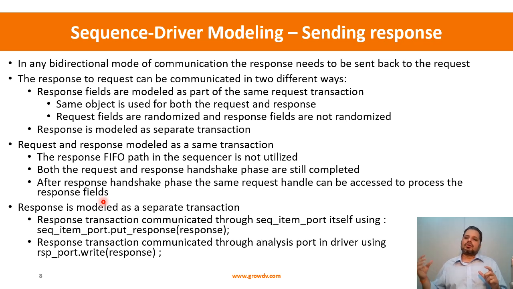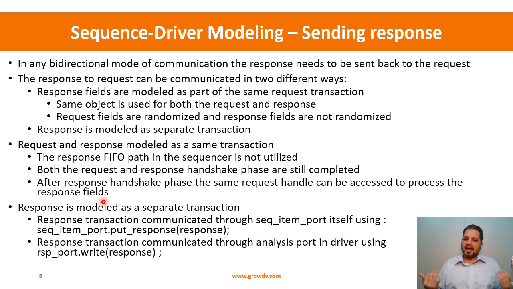The driver will drive the request, get the response, populate the fields present within the same request object with the response information, and then initiate the handshake to communicate the response, that is, that the response fields are populated.